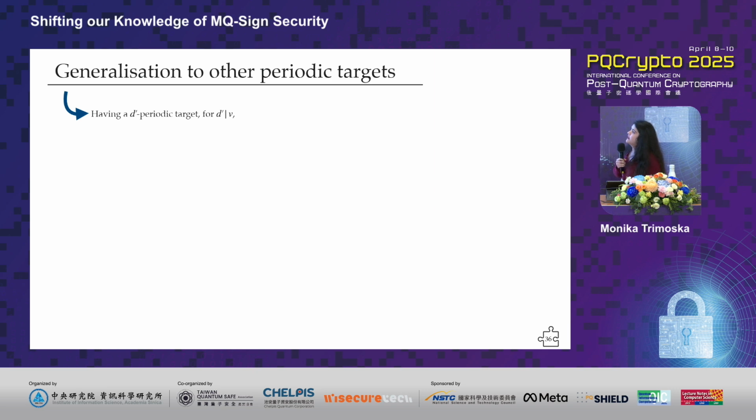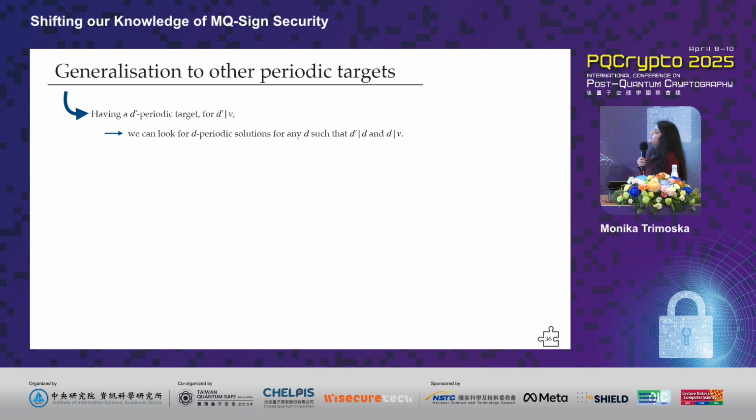If you have a d prime periodic target, where d prime also has to be a divisor of v, where v is the length of your vector, so the number of Wiener variables, remember? We can look for a d periodic solution for any d that is a multiple of this d prime, the period of your target, as long as that d is also a divisor of v, the number of variables.